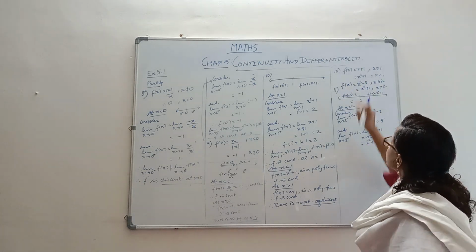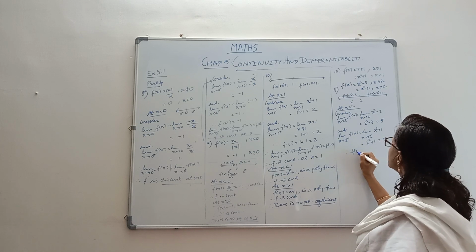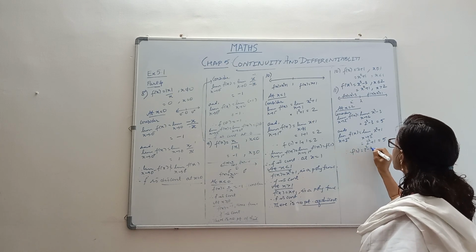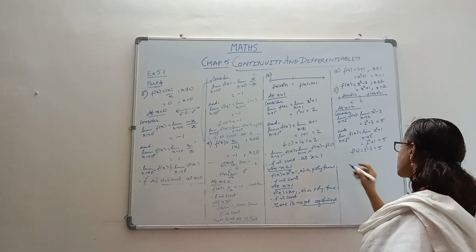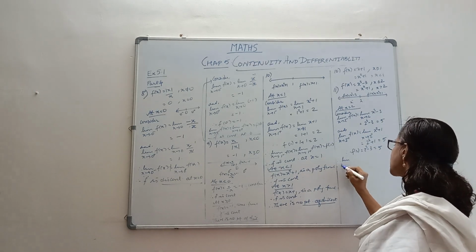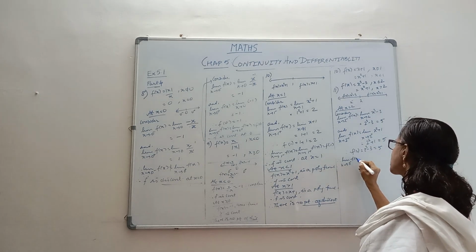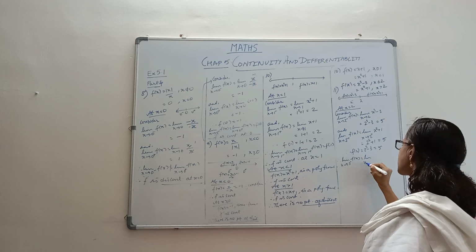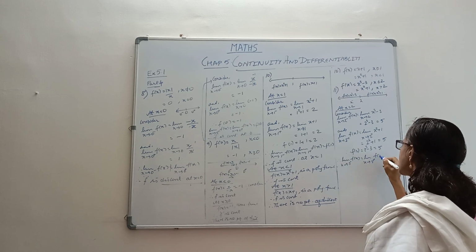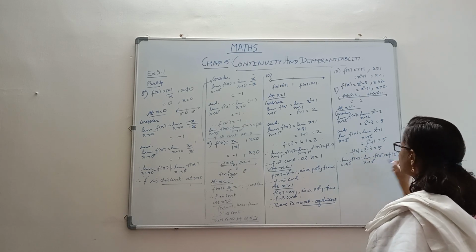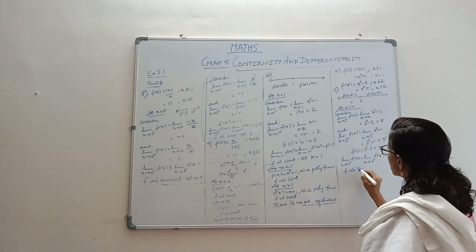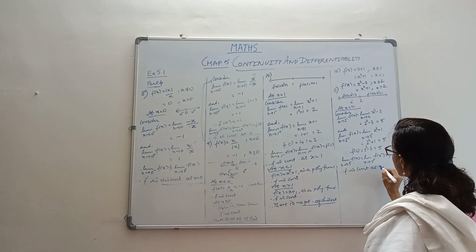And f of 2 is again 2 cube minus 3, that's also fine. So it is the same from all sides. Limit as x tends to 2 minus f of x is equal to limit as x tends to 2 plus f of x, and that is equal to f of 2. F is continuous at 2, therefore f is continuous at x equal to 2.